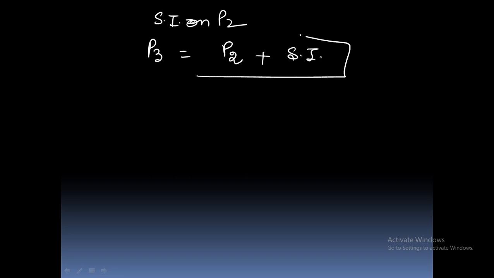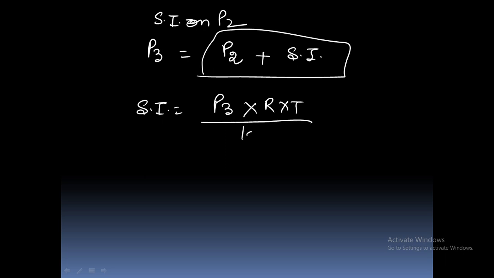Then you will get the new principal value for the third year, and after this you will calculate third year principal value multiply rate of interest multiply time over 100. After this you can see the amount value, and you can see total simple interest, and you can calculate compound interest also.